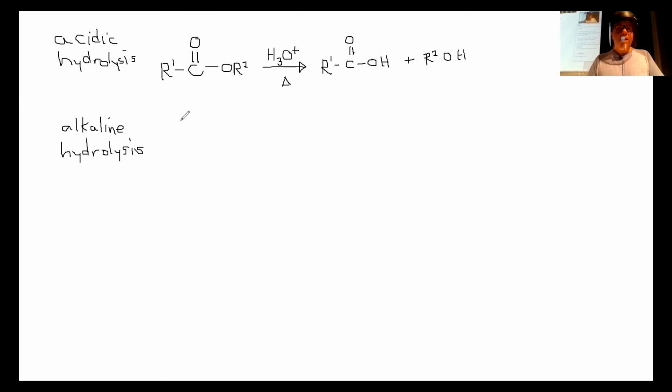And in that case, you would again take your ester, and we'll do an example in a moment with again, not the mechanisms, but I want to take you through the scheme.